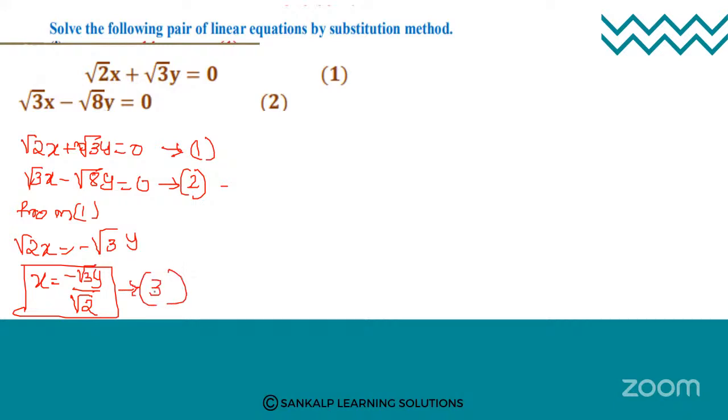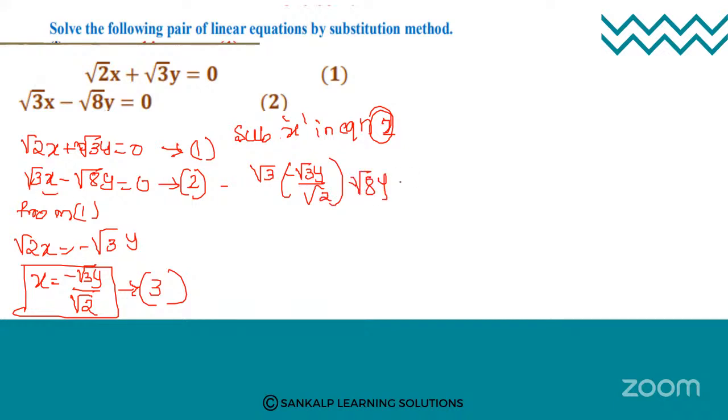Substitute the value of x in equation number 2. So equation number 2 is root 3 into minus root 3y divided by root 2, this is the value of x, and minus root 8y is equal to 0.